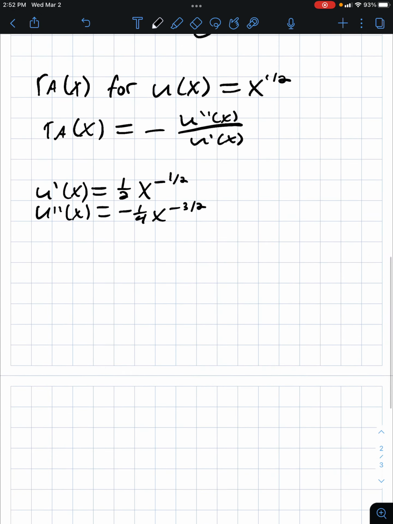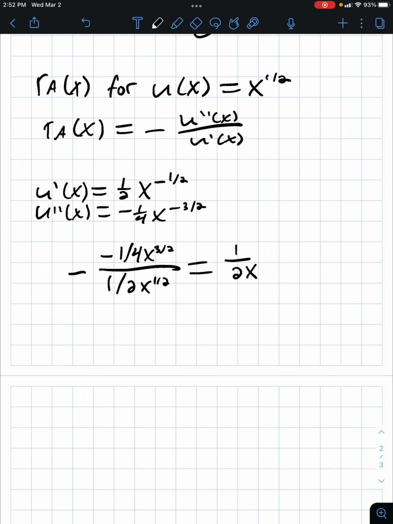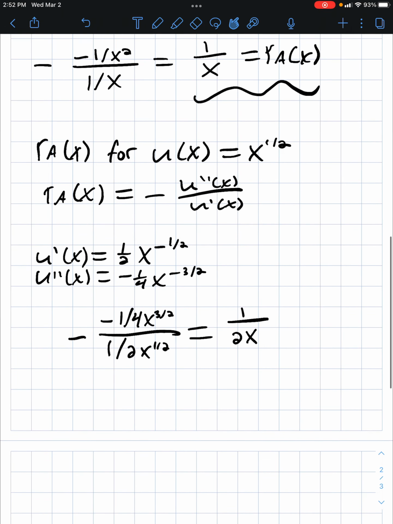So now we need to find this ratio. So we take negative 1 over 4x to the 3/2 divided by 1 over 2x to the 1/2, and if we simplify this, we're going to get 1 over 2x as this ratio. And so this is equal to RA of x.